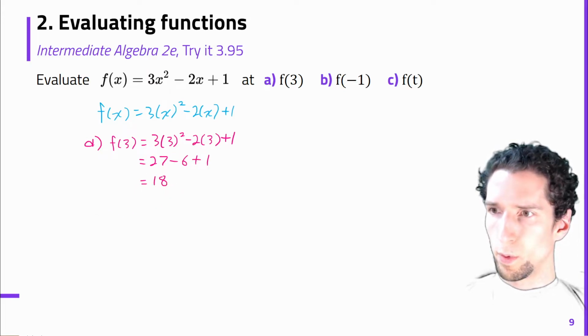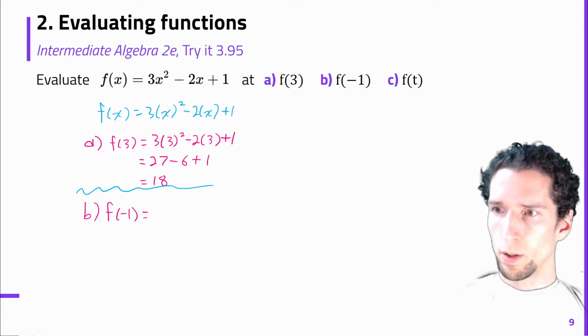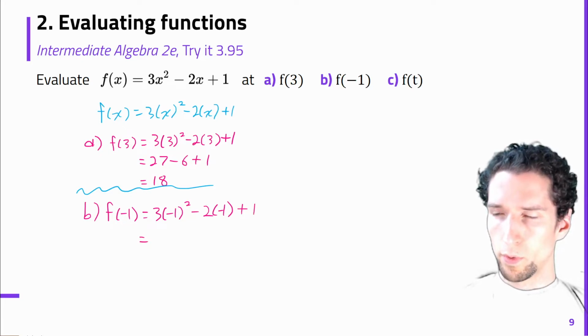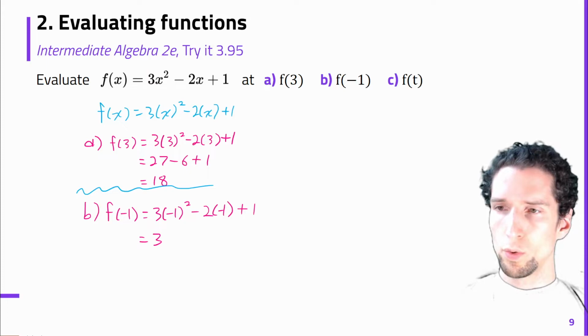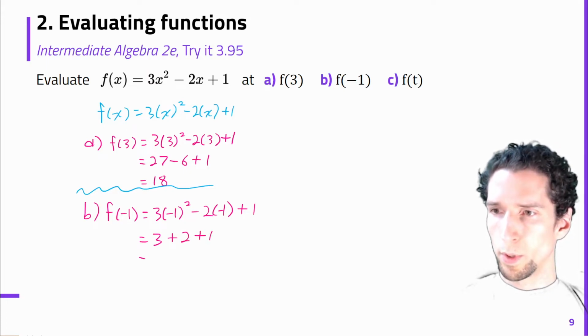Our next one, B here, is f at -1, 3 times -1 squared minus 2 times -1 plus 1. So that's -1 squared, +1, that's just 3. And then minus 2 times -1, that's +2. And 1. 3 plus 2 plus 1 is 6.